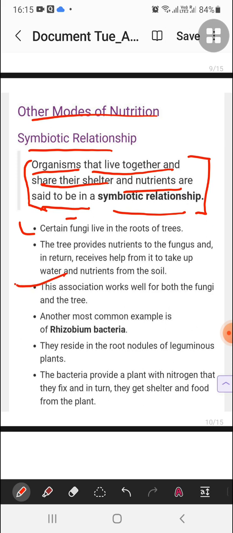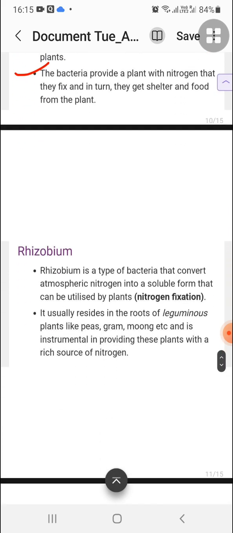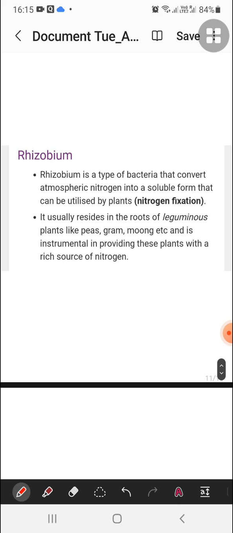Another most common example is rhizobium bacteria. They reside in the root nodules of leguminous plants. The bacteria provide the plant with nitrogen that they fix, and in turn they get shelter and food from the plant. Now, what is rhizobium bacteria?